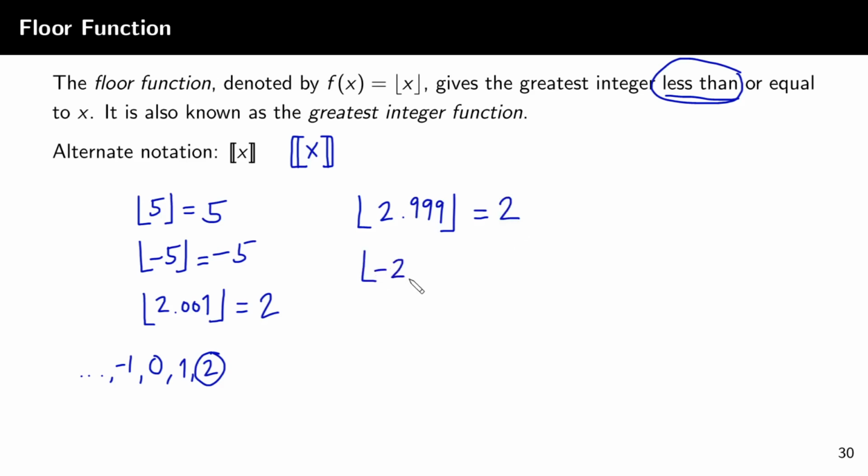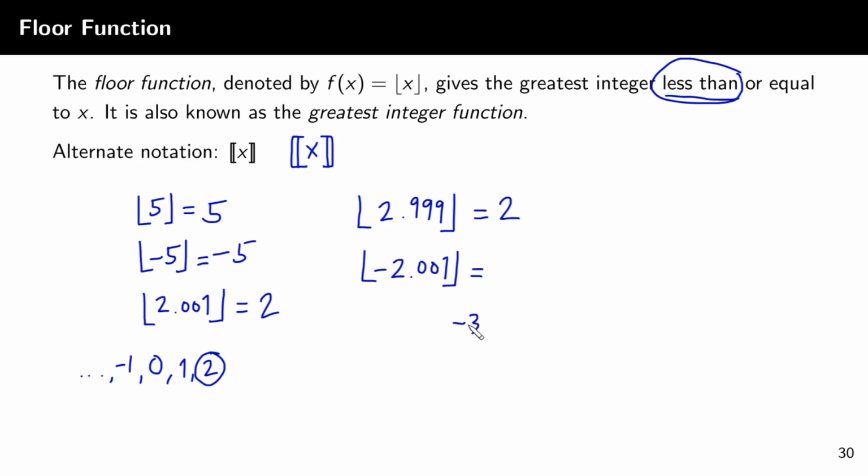Ngayon kung negative naman, negative 2.001, ano yung mga integers na mas maliit dito sa number natin? Okay. Negative 2, hindi siya pasok kasi mas malaki siya. Negative 2 is greater than negative 2.001. So, negative 3 na yung kasunod na pasok.